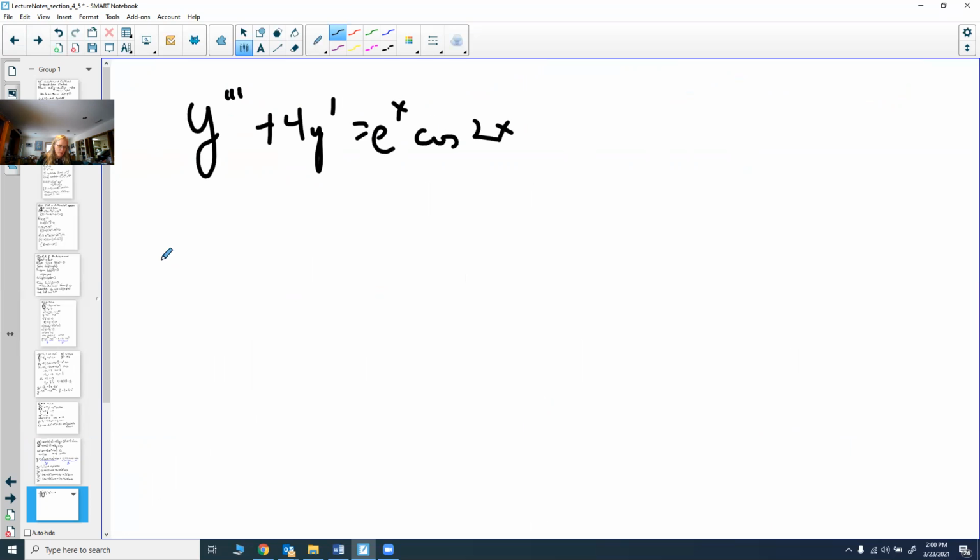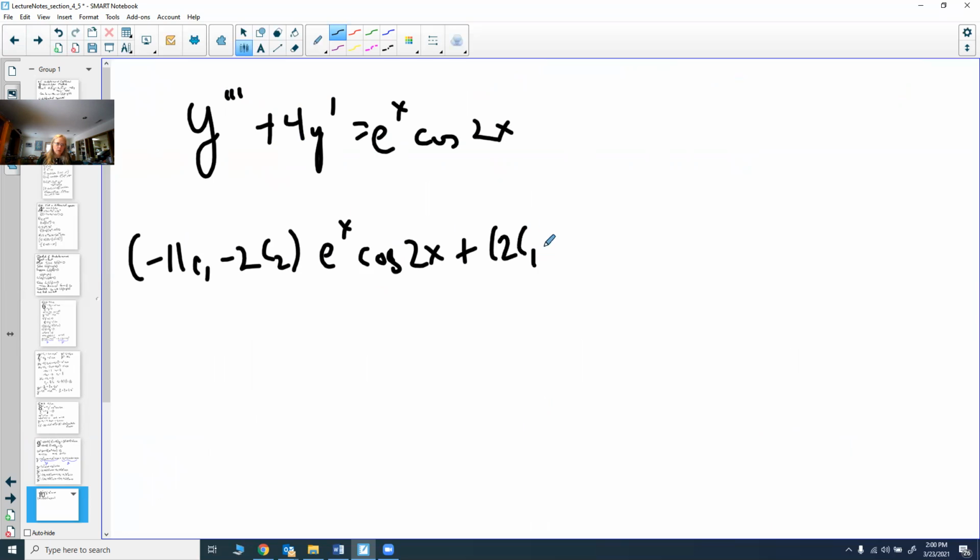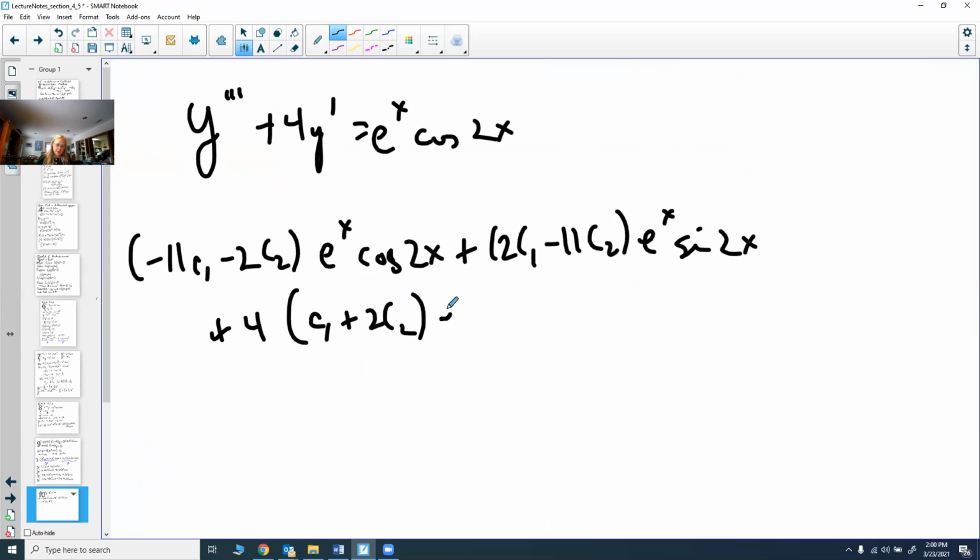So we're going to go ahead and put into this equation y triple prime, which was minus 11c1 minus 2c2 e to the x cosine 2x plus 2c1 minus 11c2 e to the x sine of 2x plus 4 times y prime, which was c1 plus 2c2 e to the x cosine 2x.